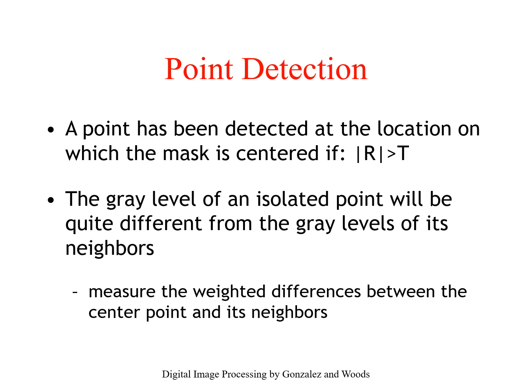T is a threshold value and we have taken mod of R because we are taking a non-negative threshold. So we take mod R because we want to detect both kinds of points, that is white point on a black background and black point on a white background.